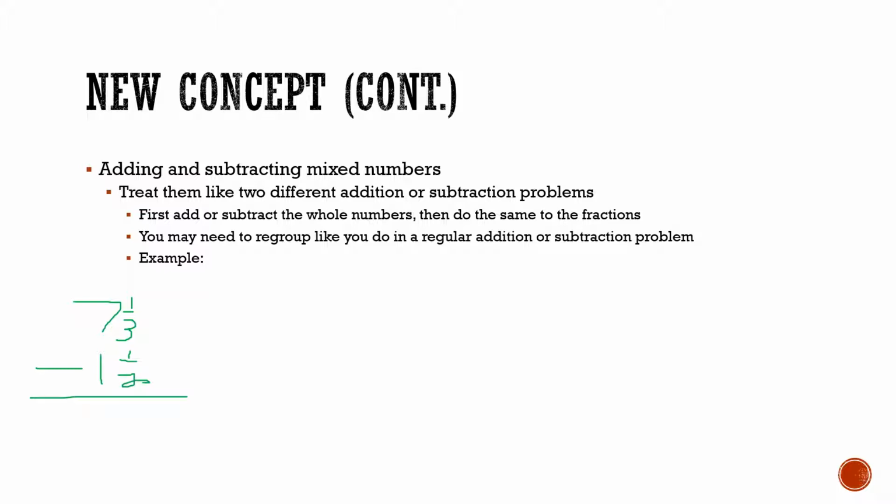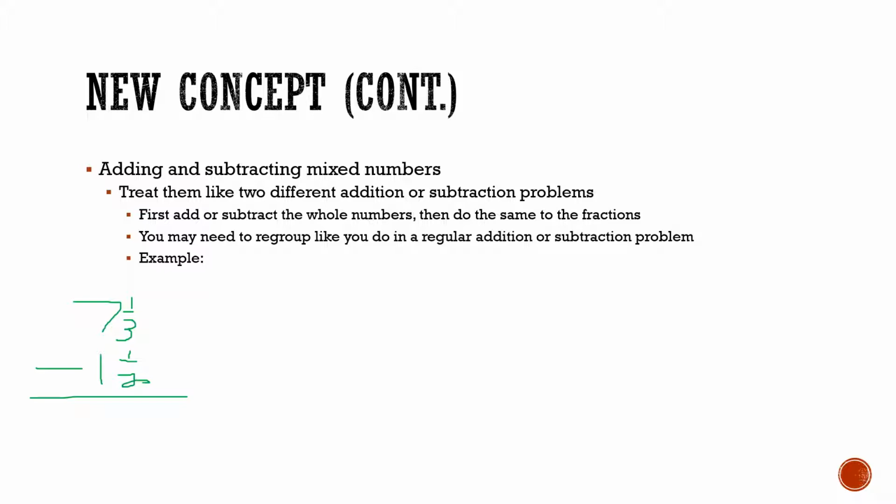Before I subtract my whole numbers, I look at my fractions and I know I need to change these so that they're the same denominator. The smallest number I know both 3 and 2 go into is 6.